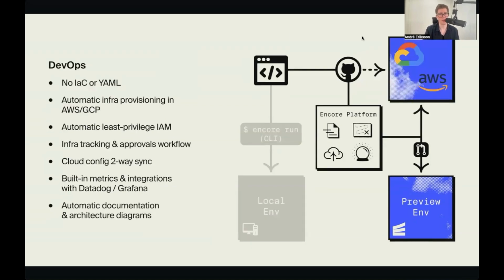And last, but certainly not least, there is the DevOps automation piece. And because Encore is all about declarative infrastructure, it means that when you're writing code using Encore's Go SDK, you are declaring what infrastructure you need, which means that Encore can take that description and just completely automate infrastructure provisioning.